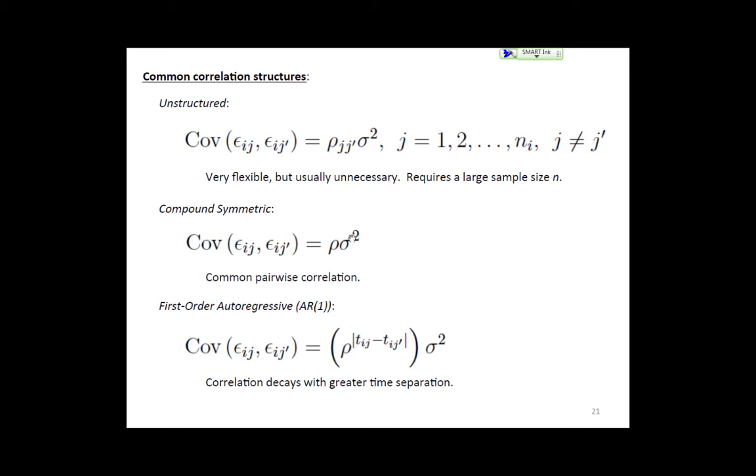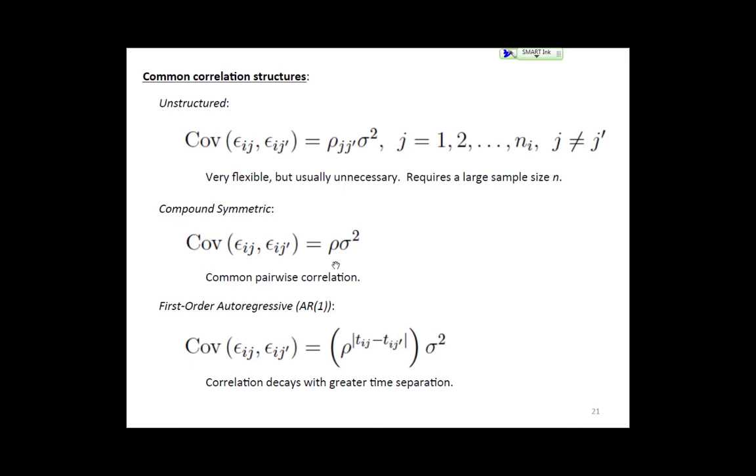In compound symmetric structure, there's no subscript, which means we're saying every pair has the same correlation. Time point 1 is correlated with time point 2 according to rho. Same exact correlation between time point 1 and time point 3, time point 1 and 4, all of them.